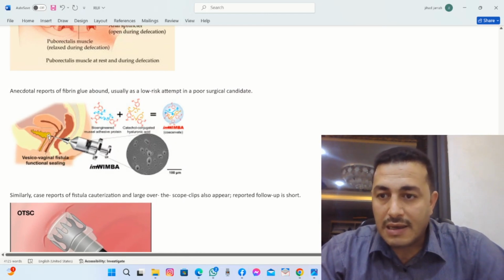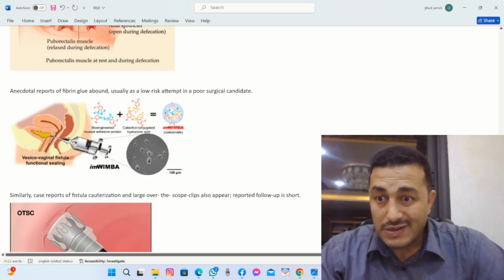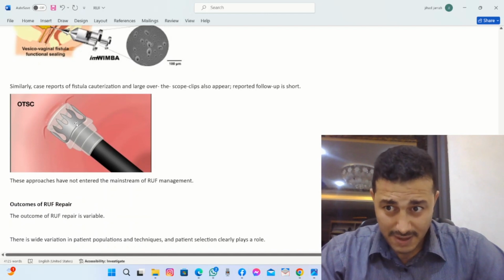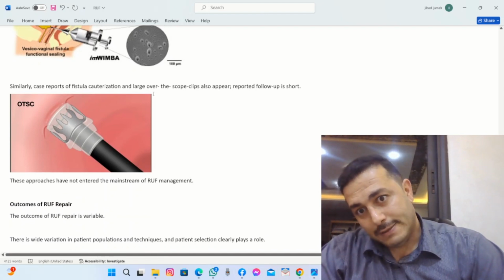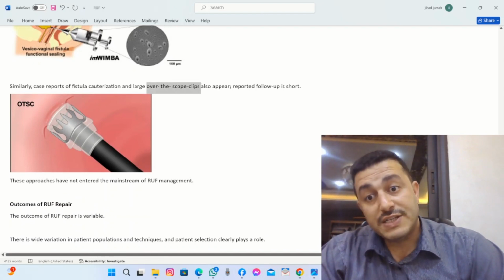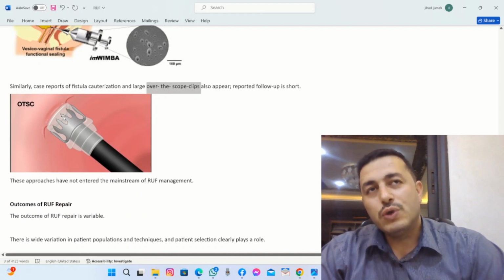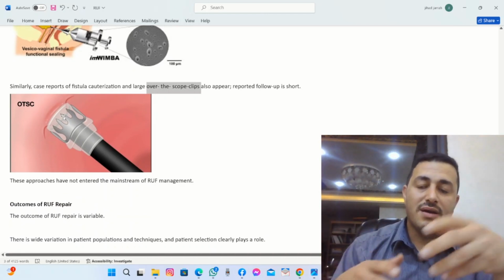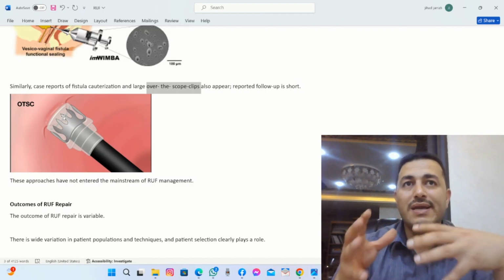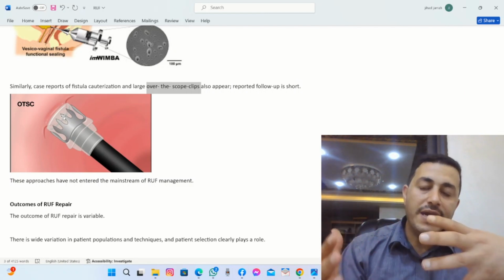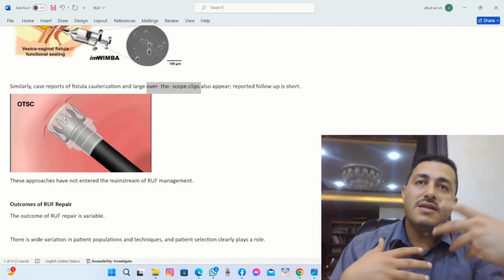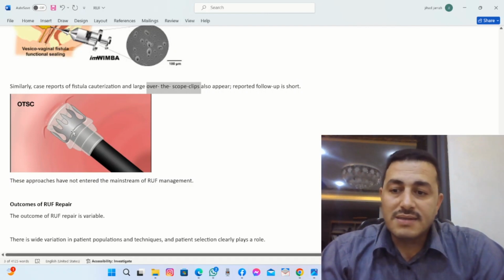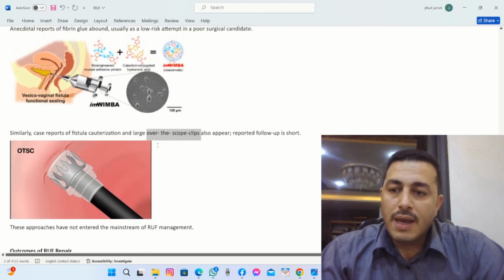Again, this is, I think, a vesicovaginal fistula, but the principles are the same. And this is what we call the over-the-scope clip. Also, few cases are described in the literature, so we cannot give a final conclusion about the success rate or advise them or not, but they exist.